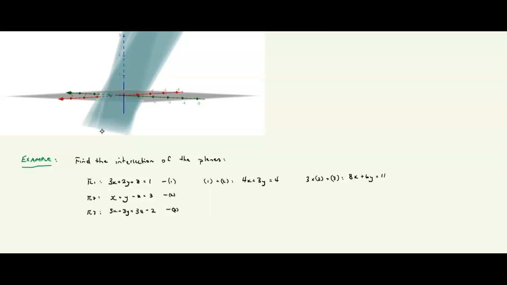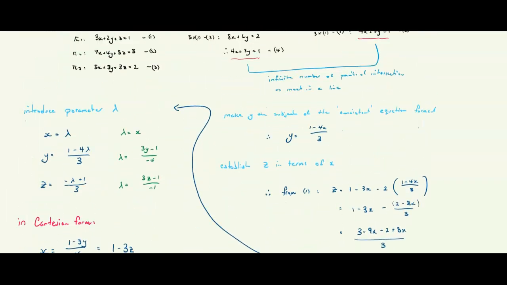So I get 4x plus 3y equals 4, and 8x plus 6y equals 11. So this I can rewrite as 4x plus 3y is equal to, what have I divided by? 11 over 2.